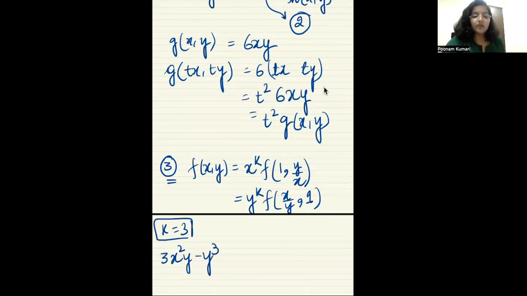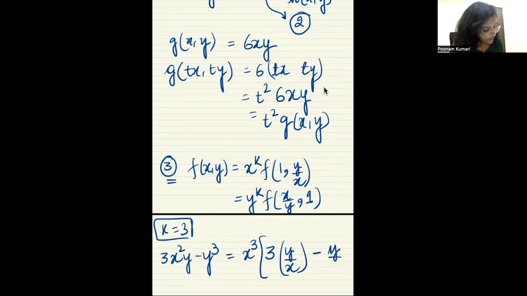So this should be equal to this one. I will simply write x raised to the power 3, and then my function value is 3, in place of x I need to write 1, and in place of y I need to write y by x. Then I have a negative y cube, and in place of y it should be y by x, raised to the power 3.